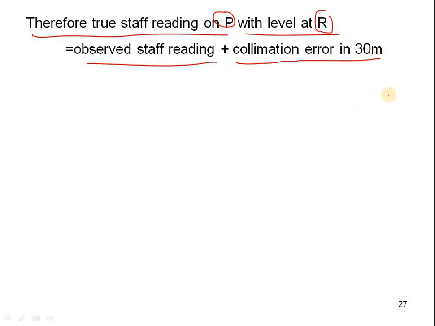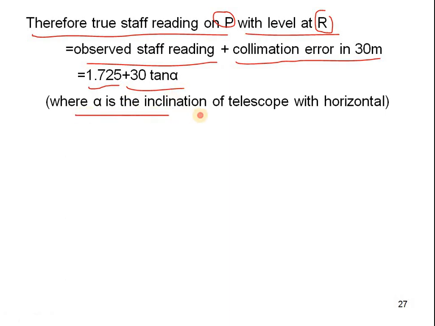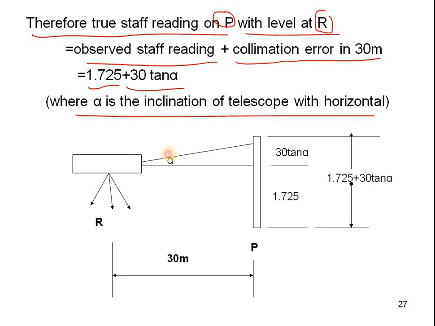Whatever we are getting or given is known as the observed staff reading, and this is the collimation error in 30 meters, equal to 1.725 plus 30 tan alpha. Here alpha is the inclination of the telescope with the horizontal.